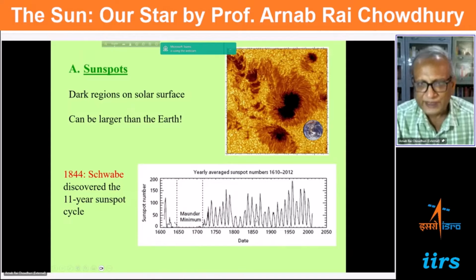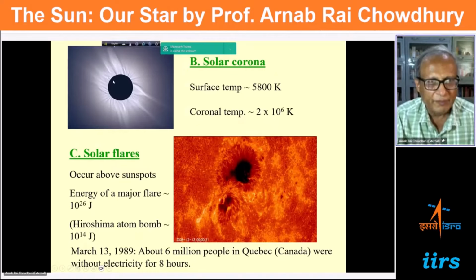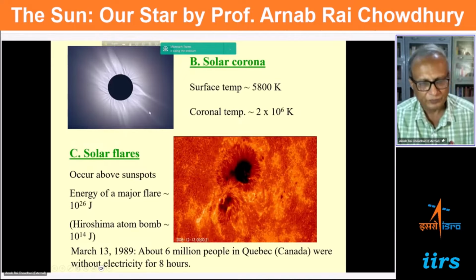The next manifestation of solar activity I want to mention is the solar corona. The temperature of the surface of the sun is a little less than 6,000 degrees Kelvin, but some regions of the corona can be as hot as 2 million degrees. And if you look at this image of the corona taken during a total solar eclipse, you can see that it is far from being spherically symmetric.